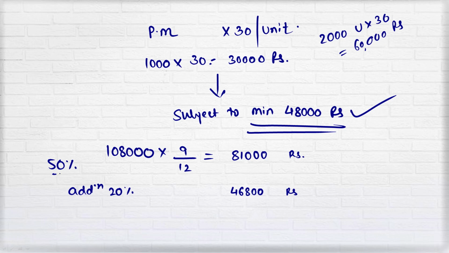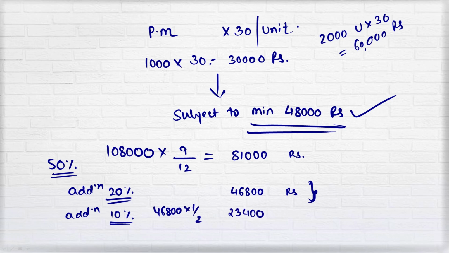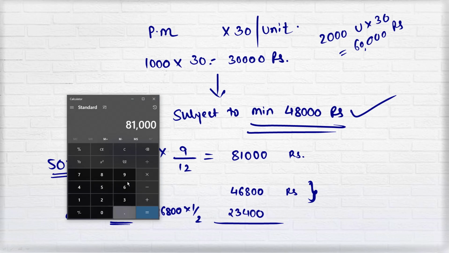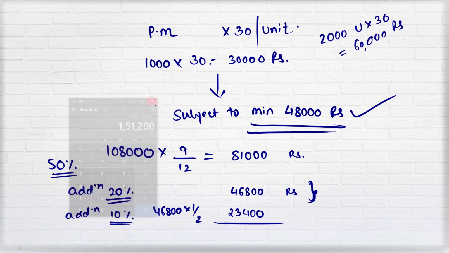But 50 plus 20% is 70. Are you working at 70 or 80% capacity? 80. So for the additional 10% of capacity, you will incur half of this: 46,800 into 1 by 2, that is 23,400. Can you first give me the total? It is 81,000 plus 46,800 plus 23,400, which is 151,200.